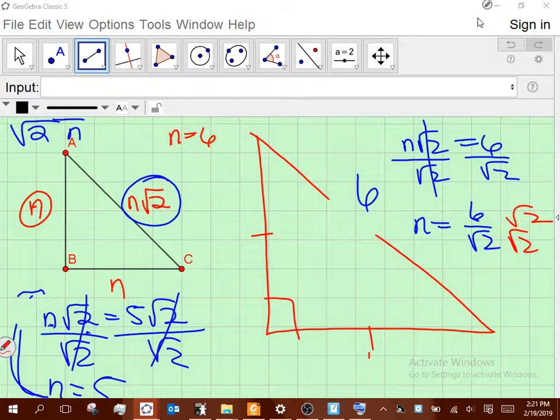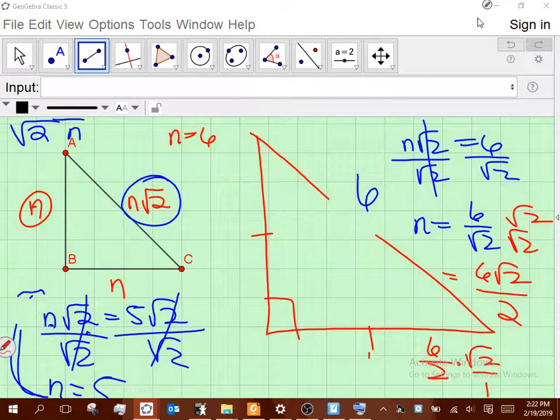Okay. So what's the top become? 6 radical 2. What's the bottom become? 2. Okay. Is that the same thing as 6 over 2 times root 2 over 1? I multiply those two fractions, so I get the same 6 radical 2 over 2. So what's that telling me then? What's 6 over 2 the same as? 3.